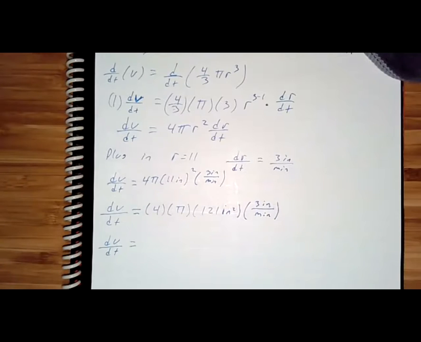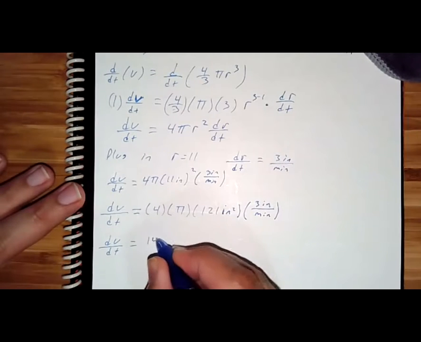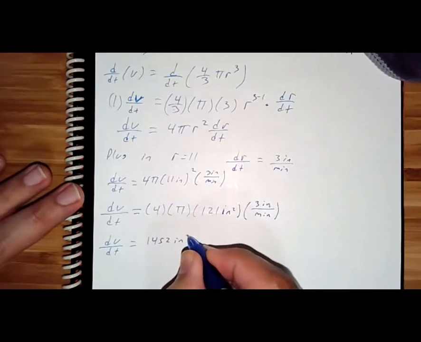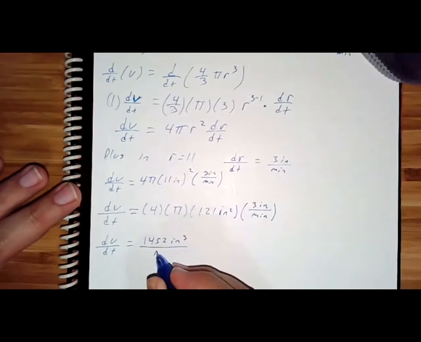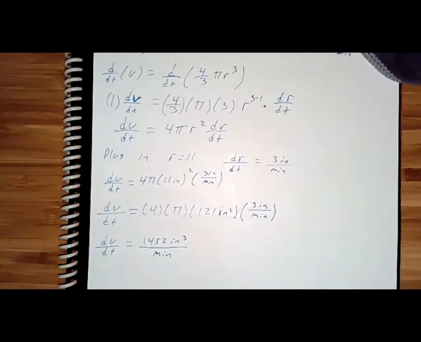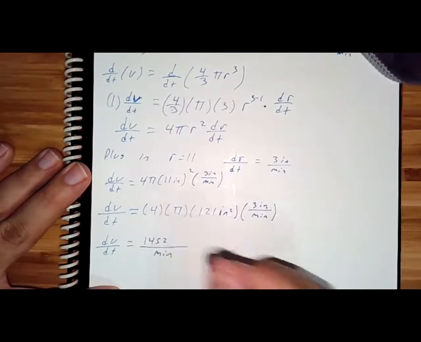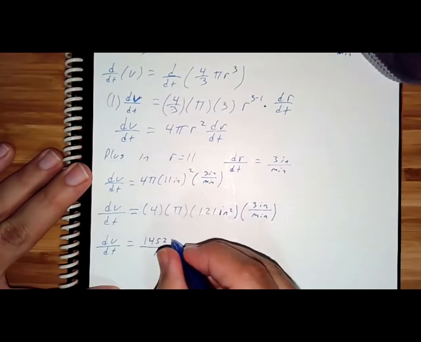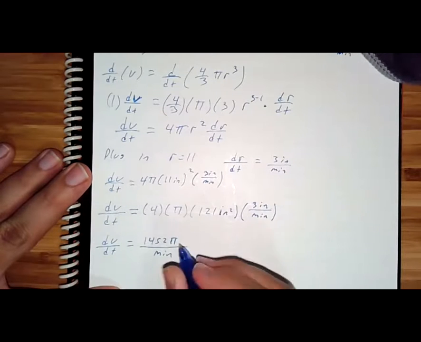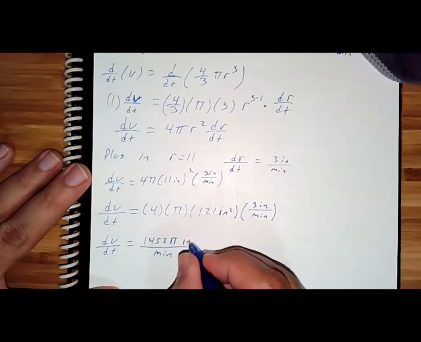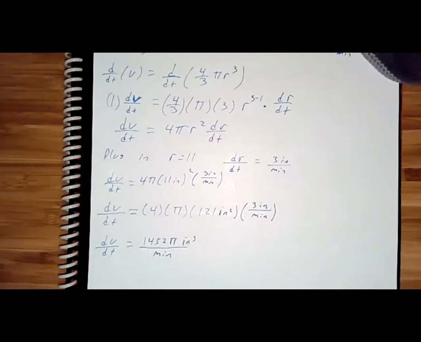Everything else will be multiplied. So 4 times 121 times 3 is 1452 inches cubed per minute. So that's how much volume we have. I forgot to include pi. There we go.